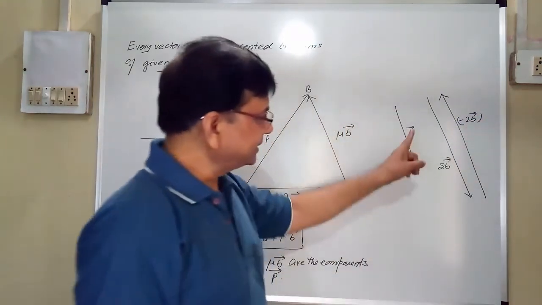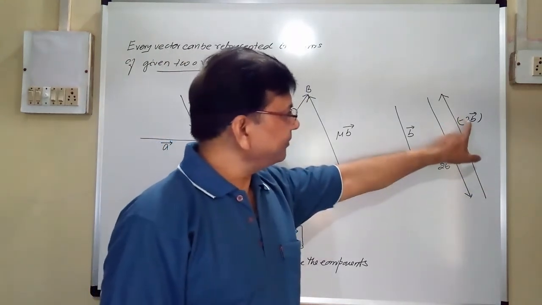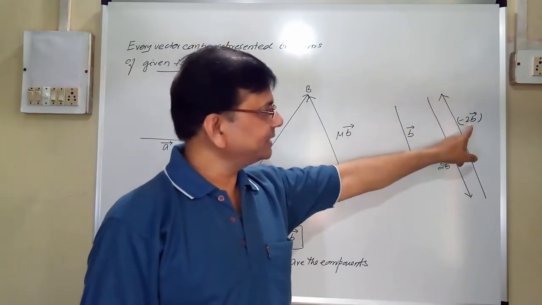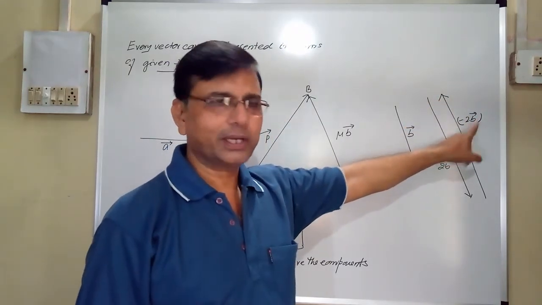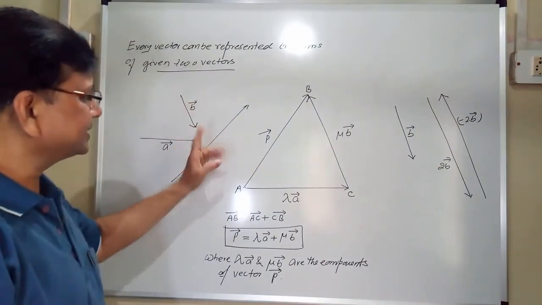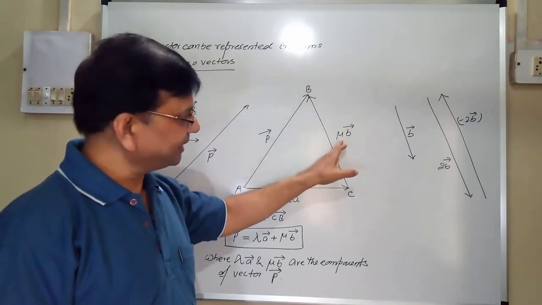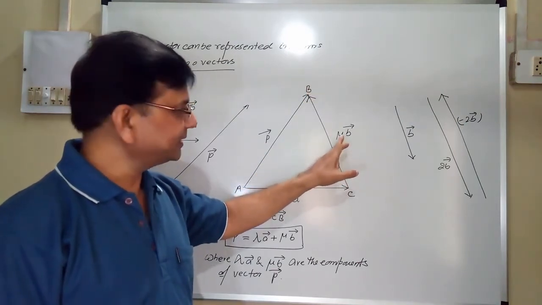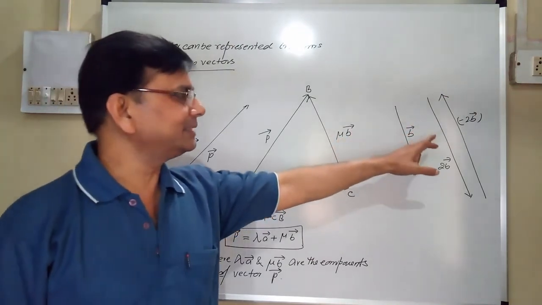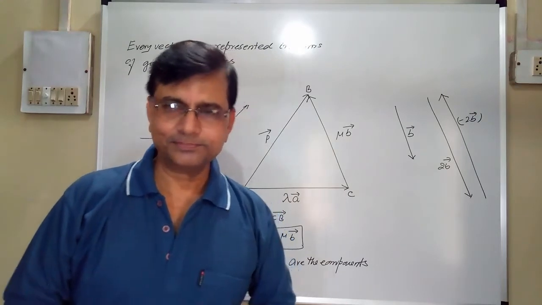Here, the scalar multiple is 2, which is positive. Here it is minus 2, because the direction has been reversed. So this scalar multiple is minus 2. In the same way, B is this, direction is this, and mu B is in the reverse direction. So it is a scalar multiple, but this scalar multiple will be a negative quantity, as in this case. I think there won't be any doubt anymore.